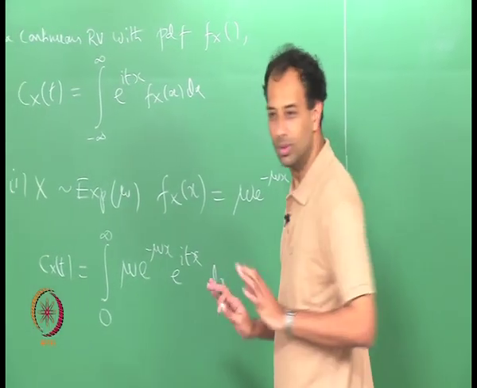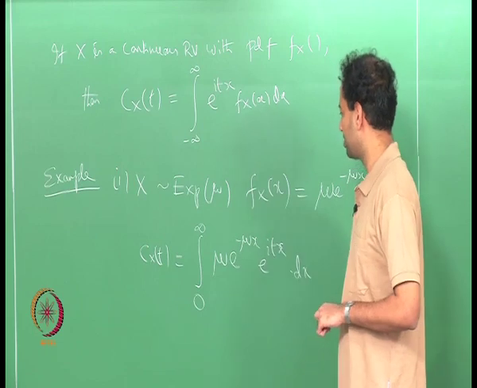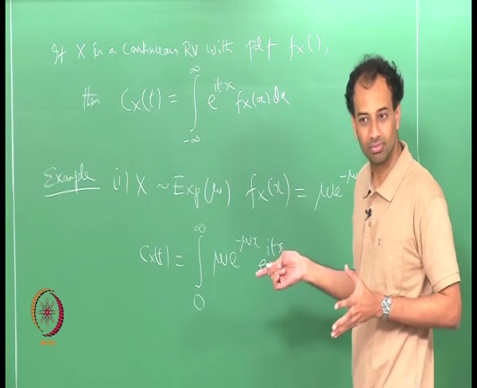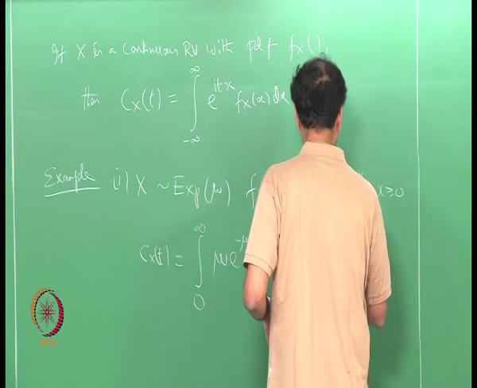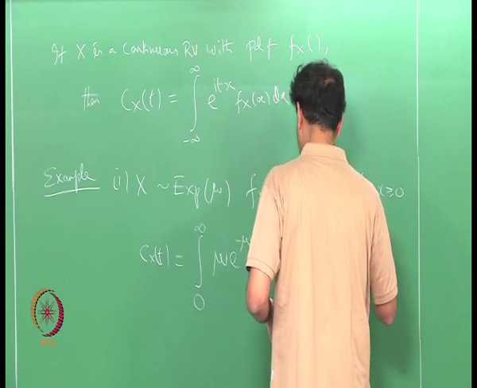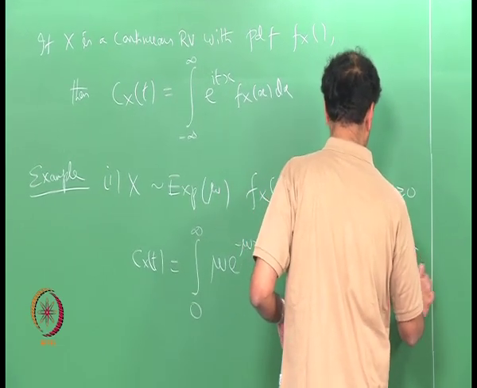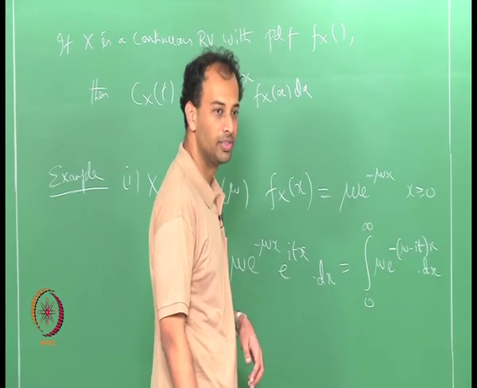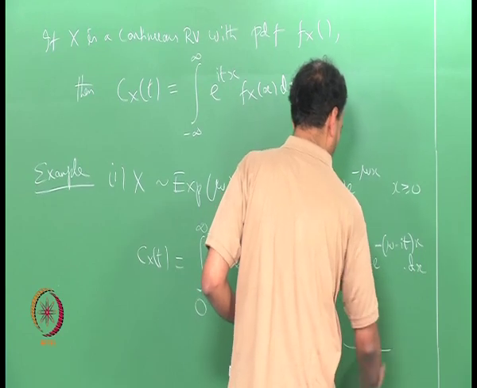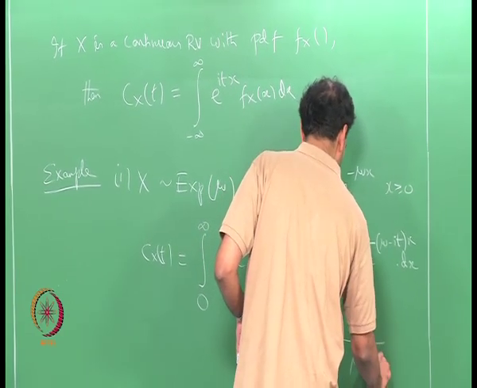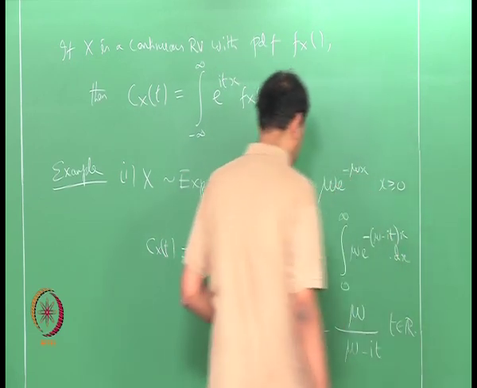What you would normally do is write this as the integral from 0 to infinity of mu e^(-(mu - it)x) dx, and then the answer is mu over (mu - it), valid for all real t.